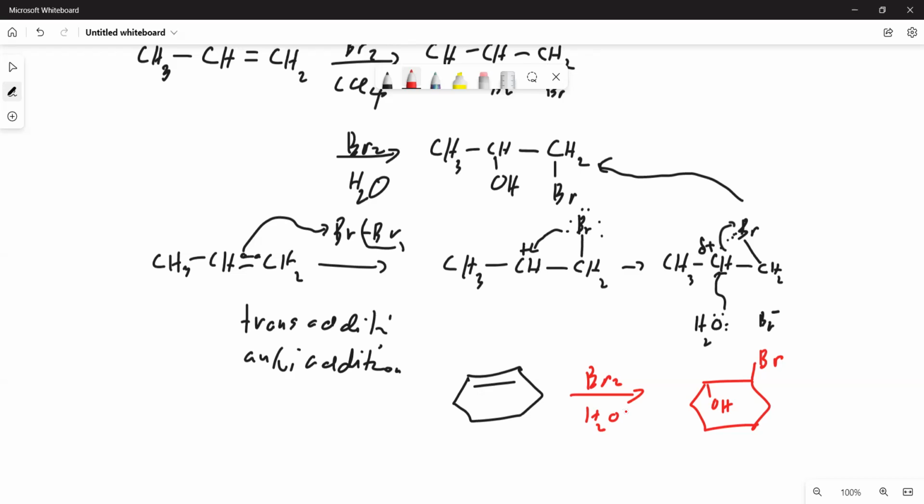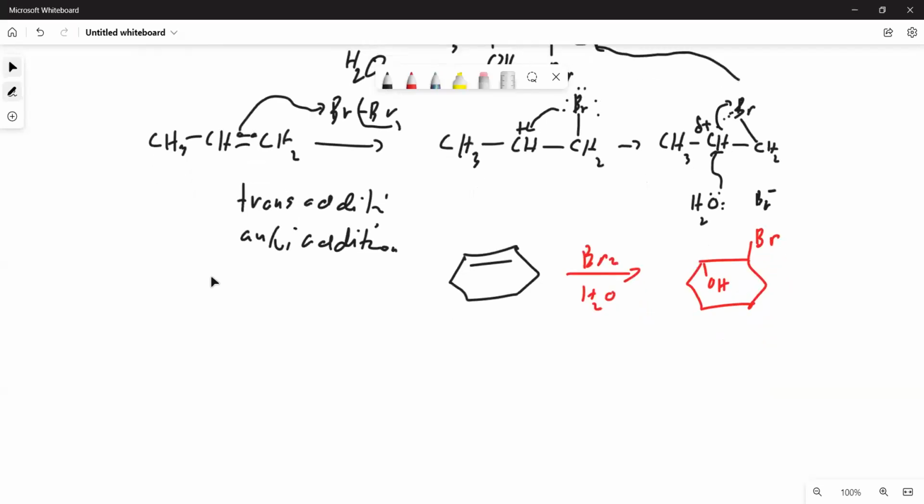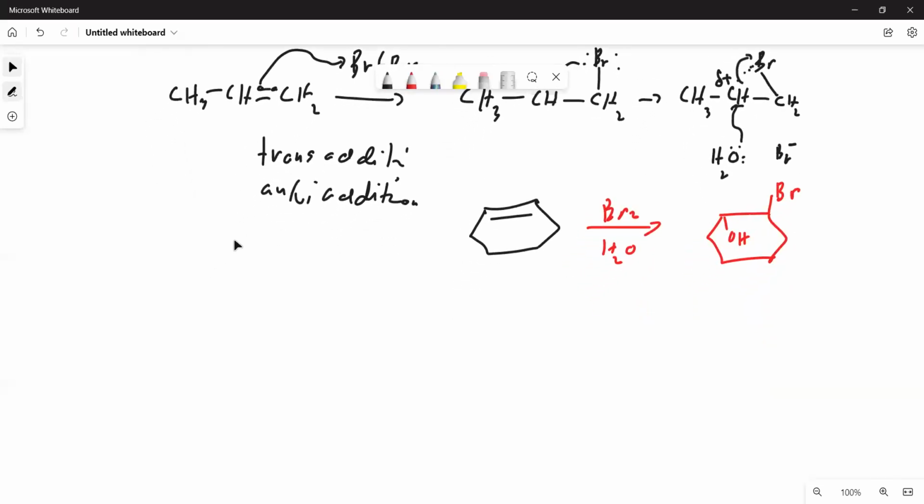Now, because of the mechanism of the reaction, the product that is formed is only trans. There will be no cis product, okay? So that is halohydrine reaction. And for cyclic intermediate class, there is no rearrangement, okay? There is no rearrangement.